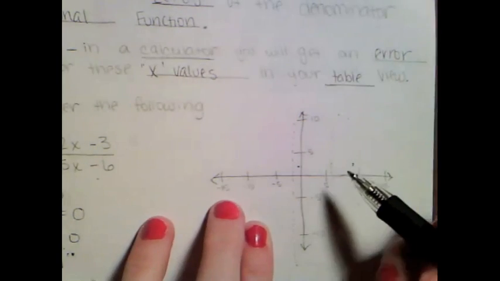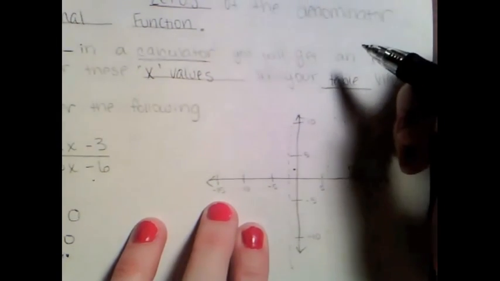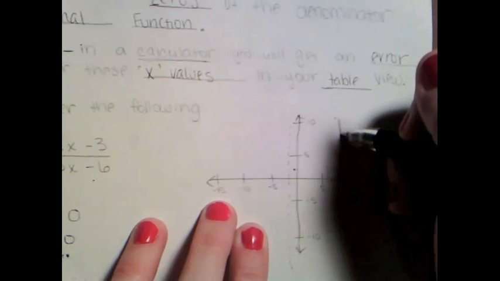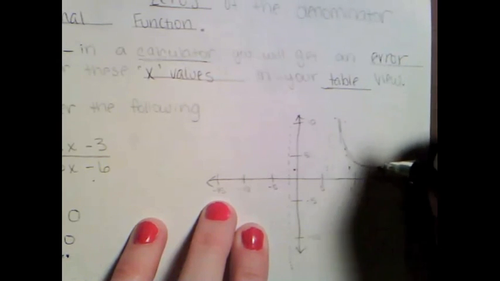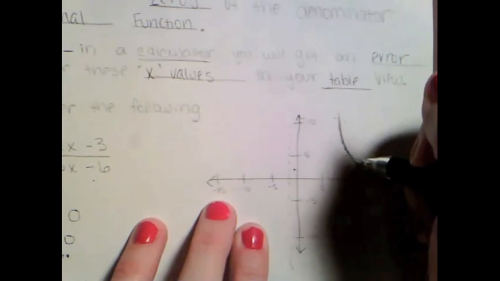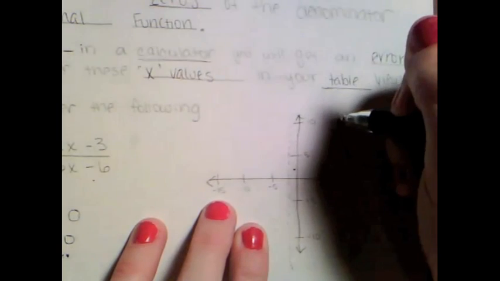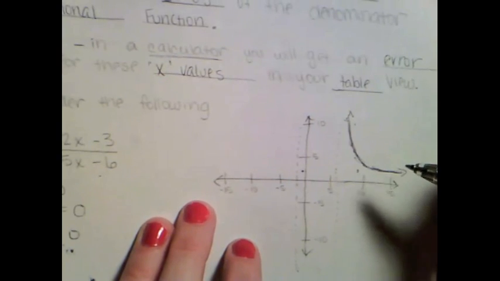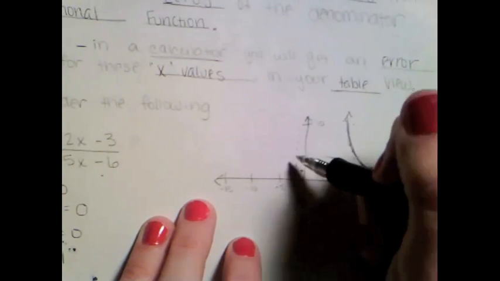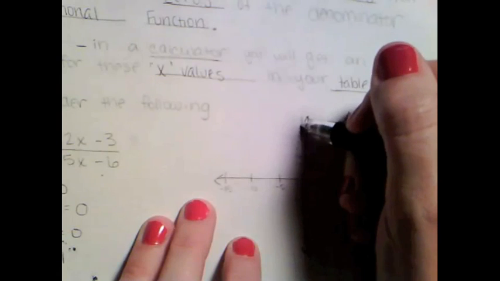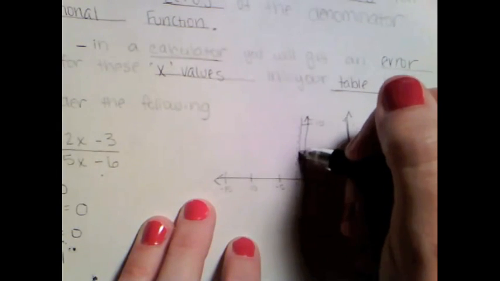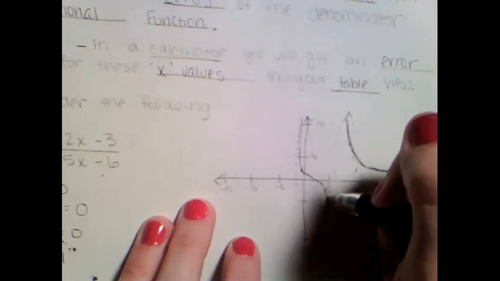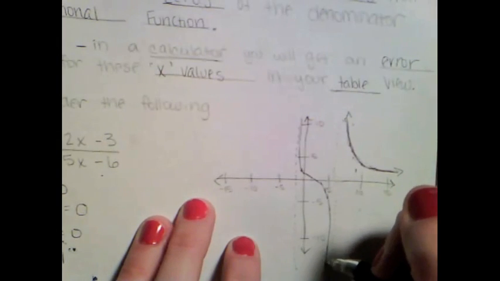Then I may graph this function and just kind of sketch it from what my calculator gives me. It's going to look a little bit like that. And then right in between these two asymptotes, my function is going to have some activity, just like that.